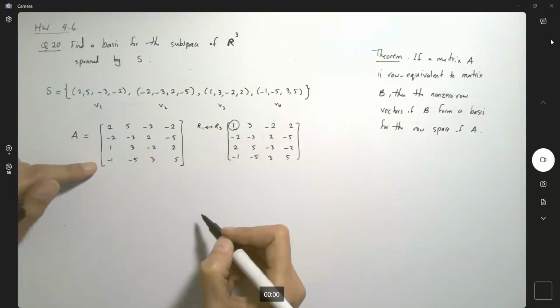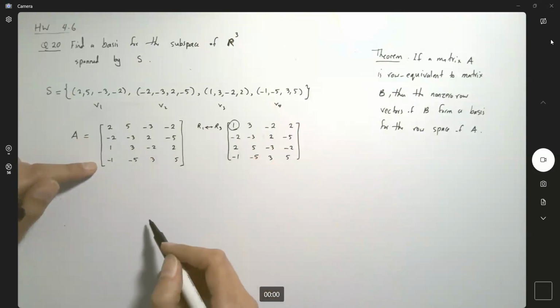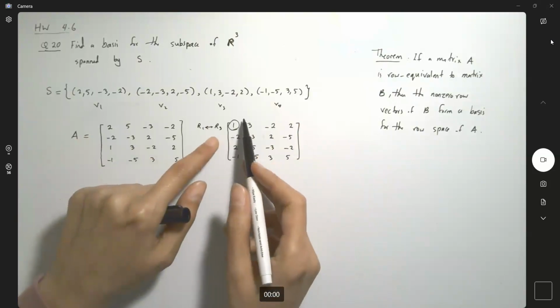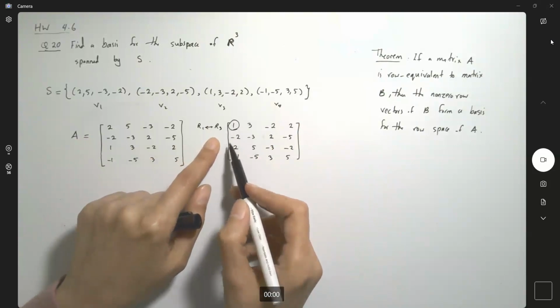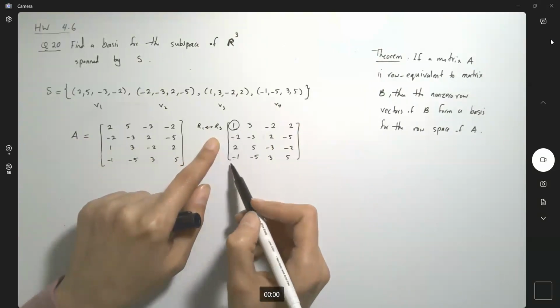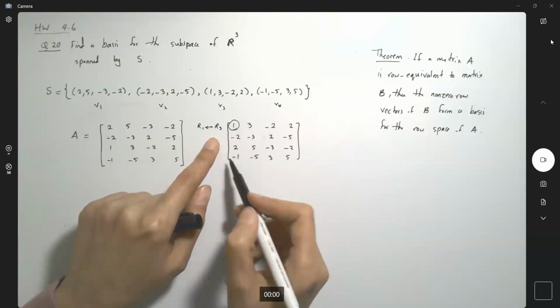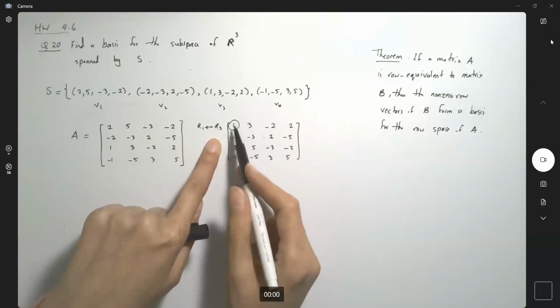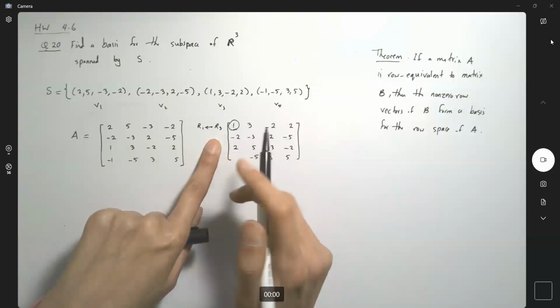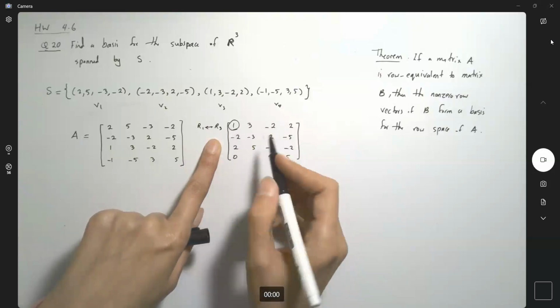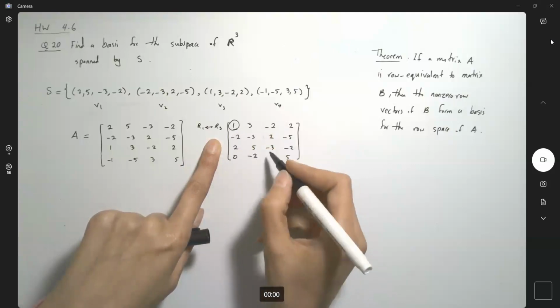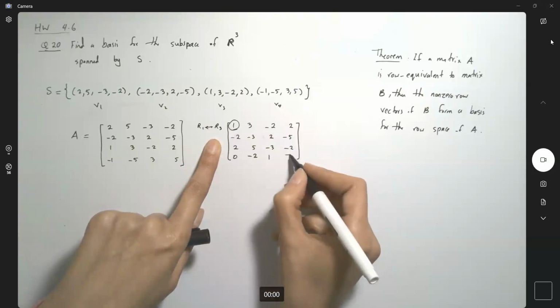So I have a 1 here. I'm going to multiply the first row by 2 and add it to the second row, multiply by -2 and add it to the third row, and add the first row and last row together. If I add the first row and last row together, this becomes 0, this is -2, this is 1, and this becomes 7.